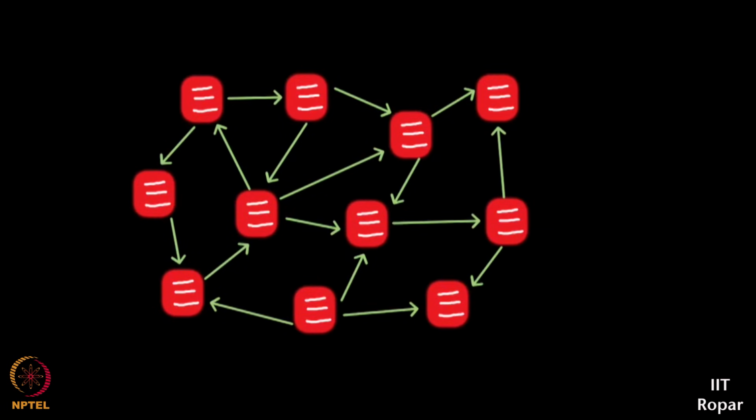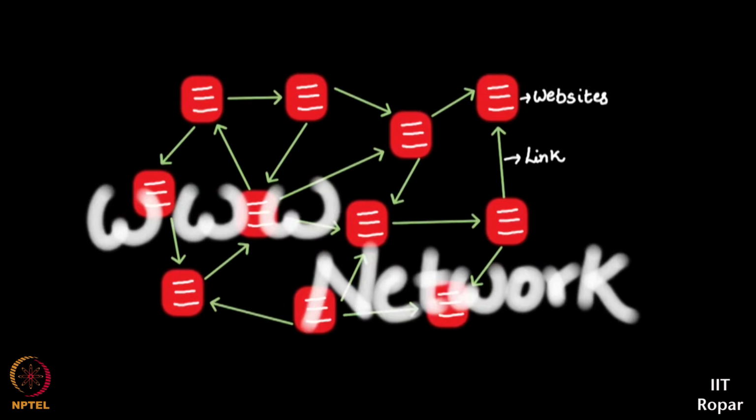By the way, this is how the network of the internet looks like, where nodes represent websites, and a line between two nodes represents that there is a link from this site to that site. This was the snapshot of the internet long back. Of course, it has grown bigger right now. It looks even more complicated right now. But just for completeness' sake, we are flashing the network of the internet. This is called the World Wide Web Network.